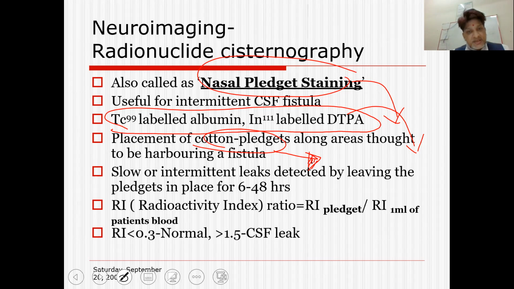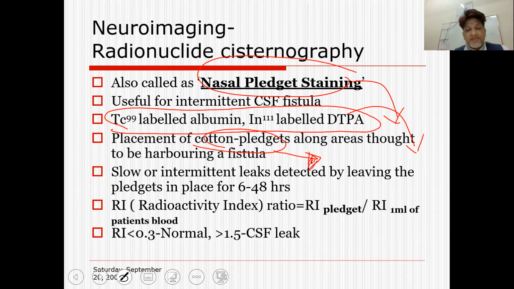Let me put this point another way. The technetium 99, which is a chromogenic dye, a color giving dye, is injected into the CSF circulation, and the nasal cavity from the anterior skull base to the sphenoid sinus is packed with cotton pledgets, cotton buds, you can say.